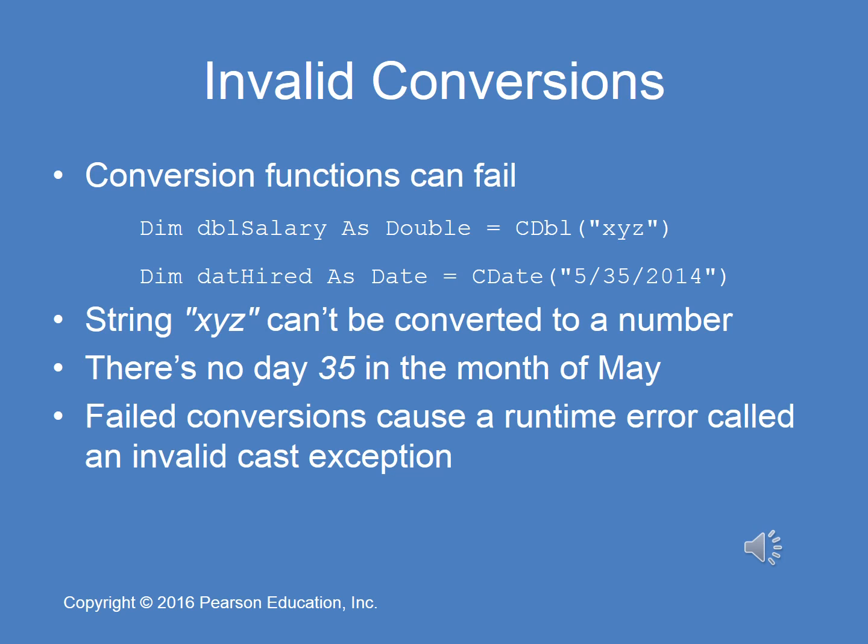So that is an invalid date, and that will generate an invalid cast exception runtime error. I hope this clarifies the statements I made earlier about the value being passed to the conversion function having to be valid for the type you're trying to convert it to.